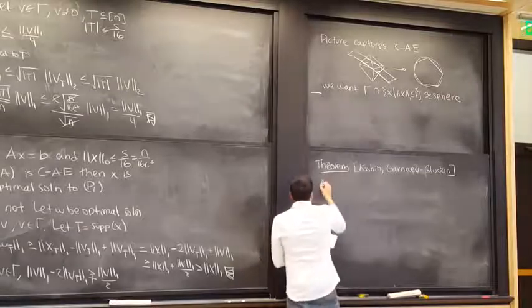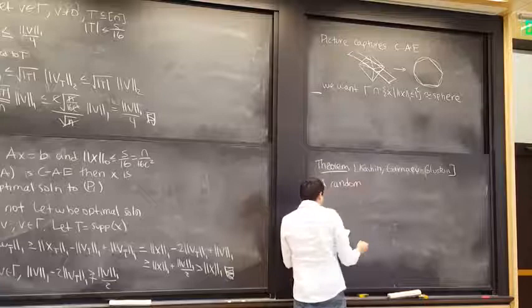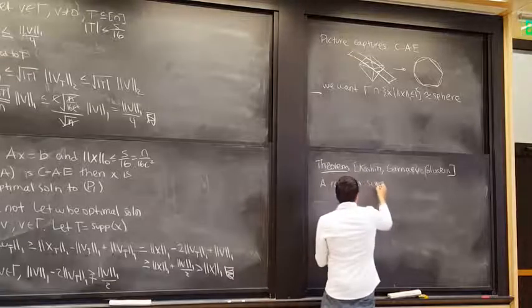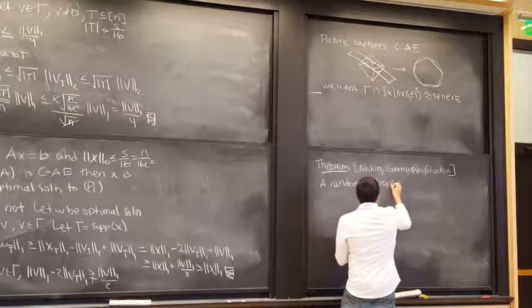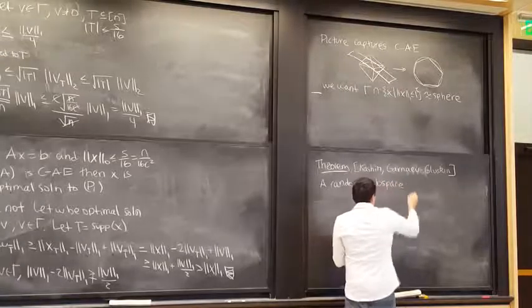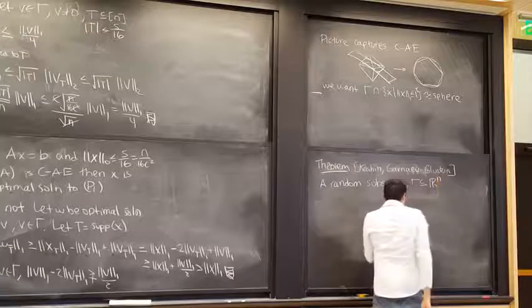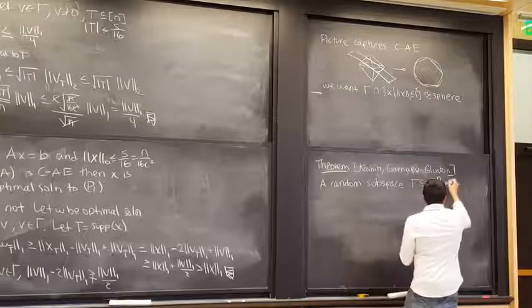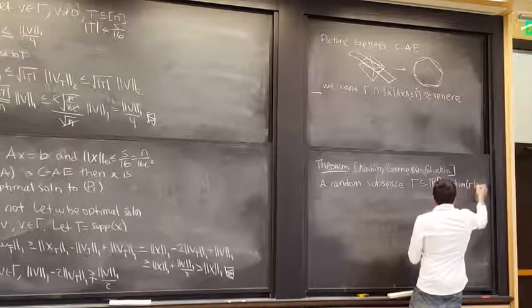And it turns out that a random subspace, for many notions of random, for example, you could think about generating it as the kernel of some random matrix. Well, a random subspace in R^n, which has dimension n minus m.